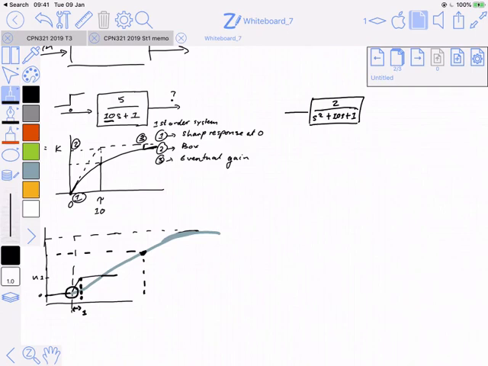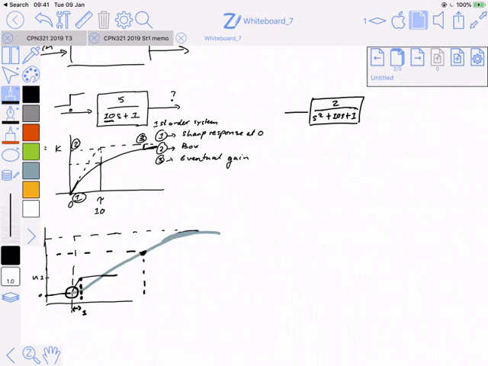Because s plus 1 squared is s squared plus 2s plus 1, right? And zeta is multiplied by that middle coefficient, and so that's a much bigger middle coefficient than I would have gotten by just multiplying two first orders in series. And so that's super overdamped, right?